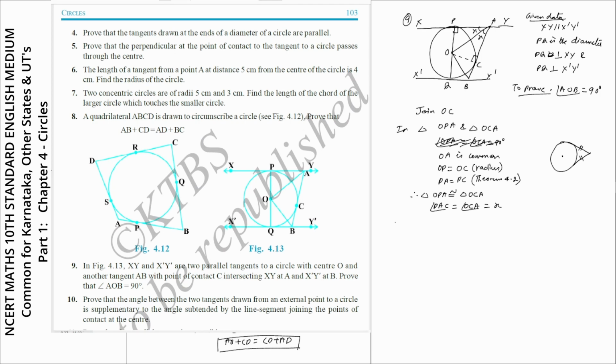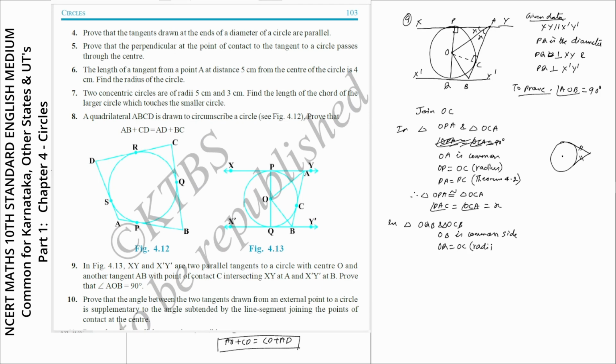Now similarly in triangle OQB and OCB, in these two triangles, OB is the common side to both the triangles, and OQ is equal to OC, because these two are the radii.